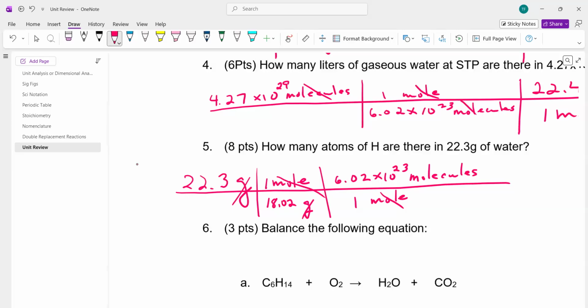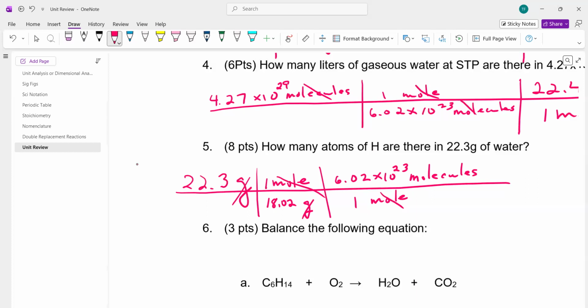If they're on the top, it would be molecules squared. So you just put it wherever it needs to cancel out. Exactly. It's just like any of the units. You put it where it needs to be to cancel. That's a really good way to put it.